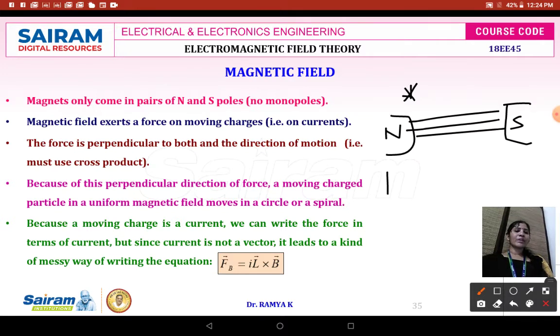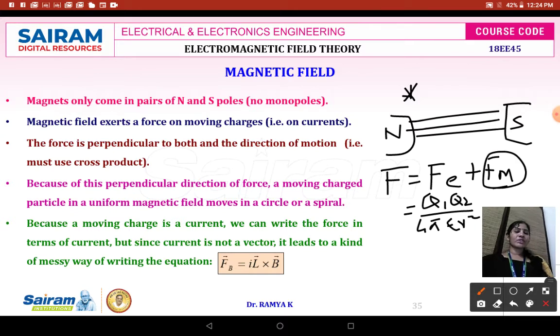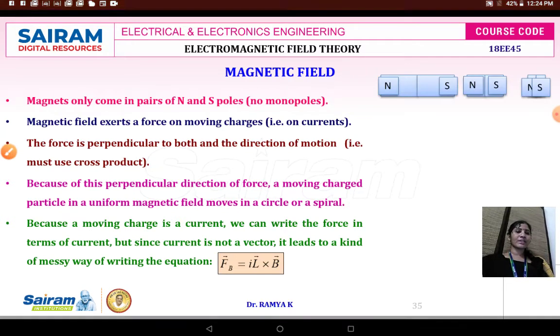So the total force will have both an electrical force as well as a mechanical force. Electrical force can be written as Q1 into Q2 divided by 4 pi epsilon r square. Mechanical force arises when you are moving a charge in the presence of the field with a velocity u, and it exhibits a mechanical force.